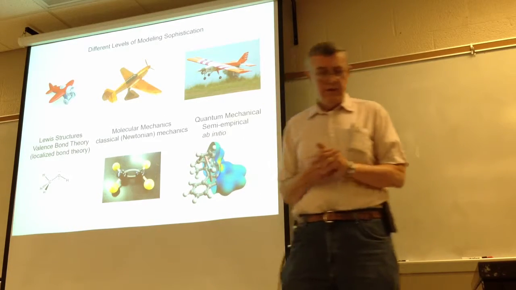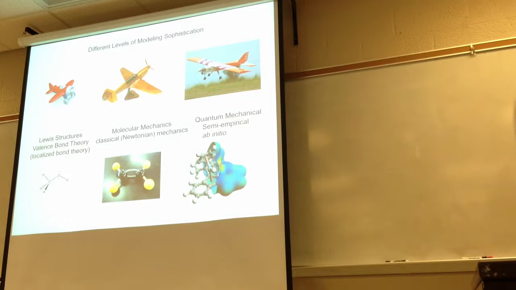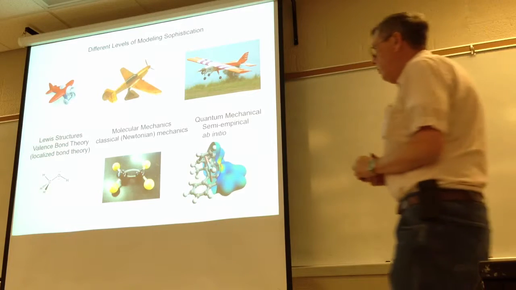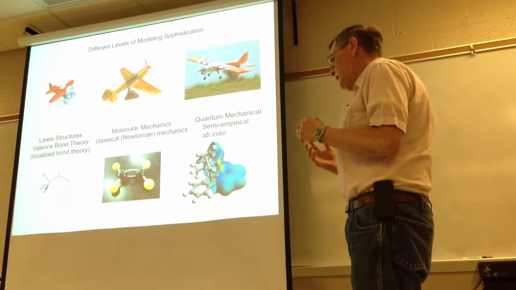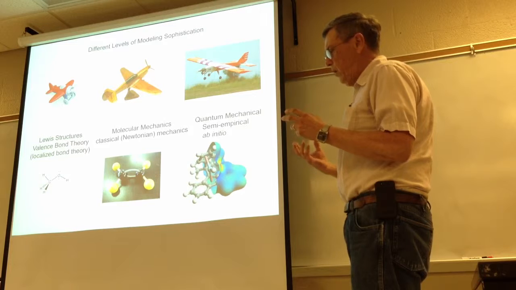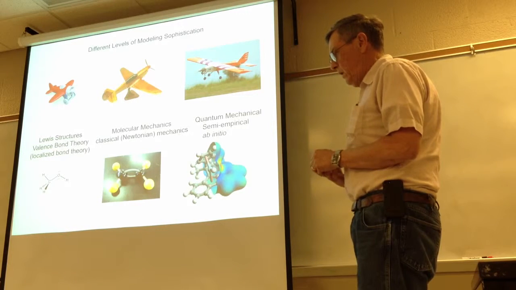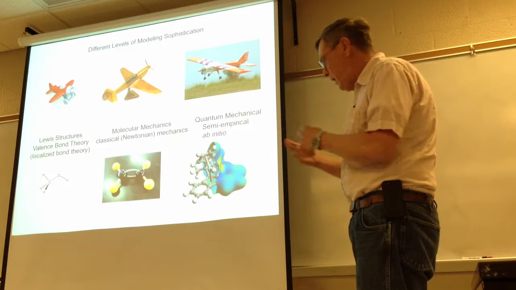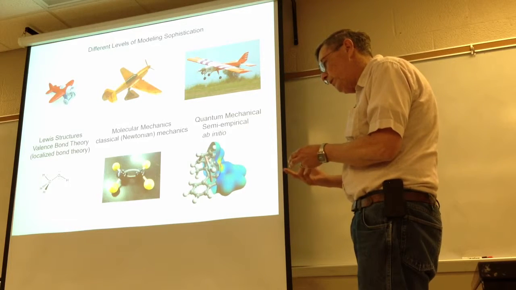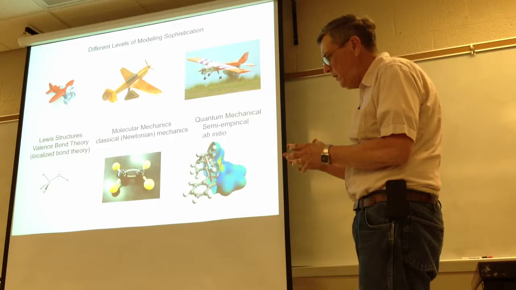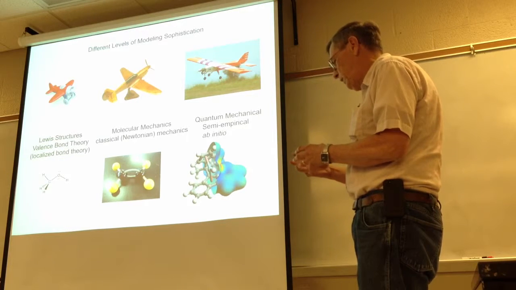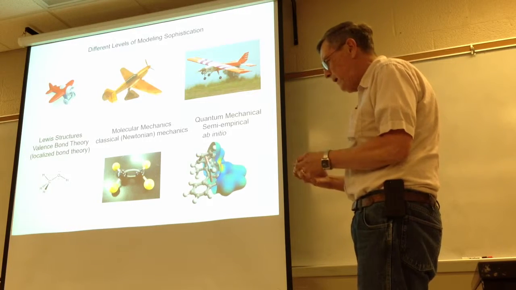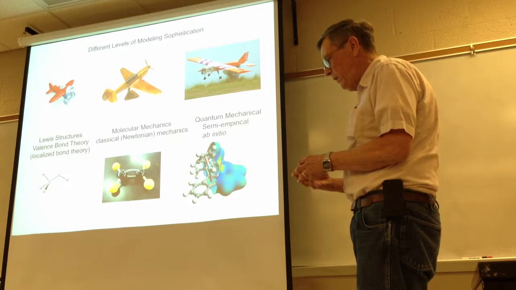We can go to a more sophisticated model. It's not one that you will find used very much around here, but it's called molecular mechanics. It describes an arrangement of atoms which have a positive charge associated with them in some fashion and a negative charge associated with them in some fashion and a mass associated with them.